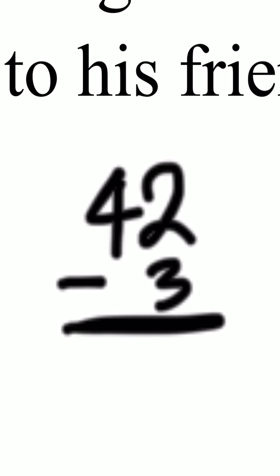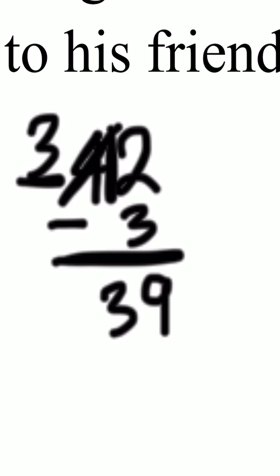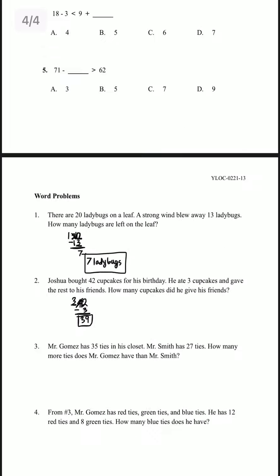We need to do 2 minus 3. However, 3 is greater than 2, so we need to borrow from 4, which becomes 3, and 2 becomes 12. So now 12 minus 3 is 9, and 3 minus 0 is 3. So 39 is the answer for number 2.